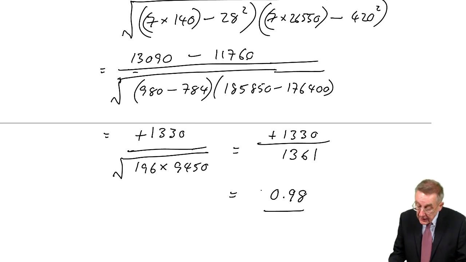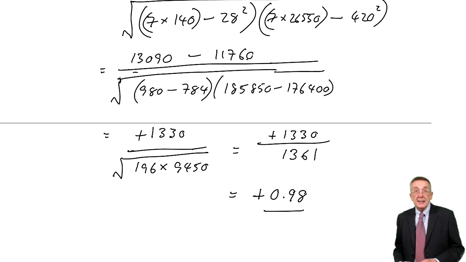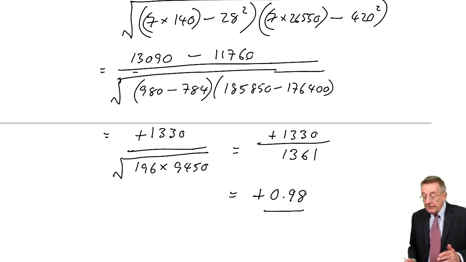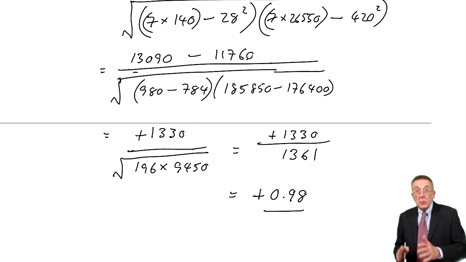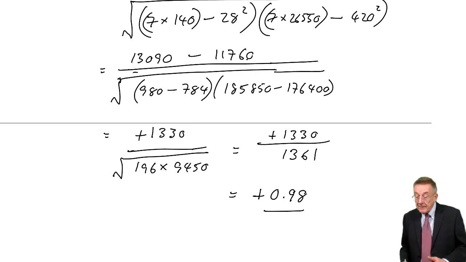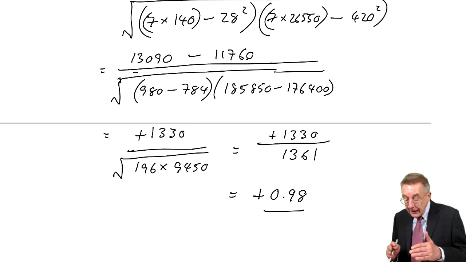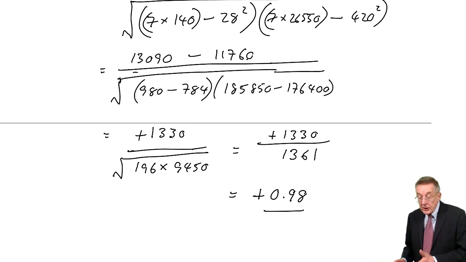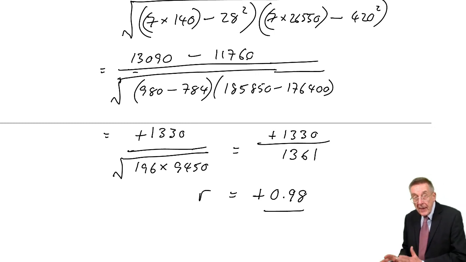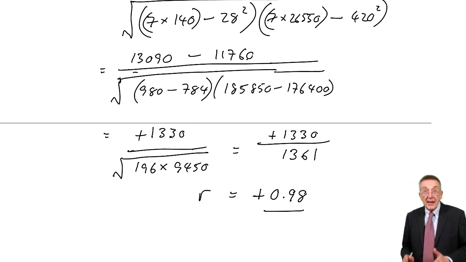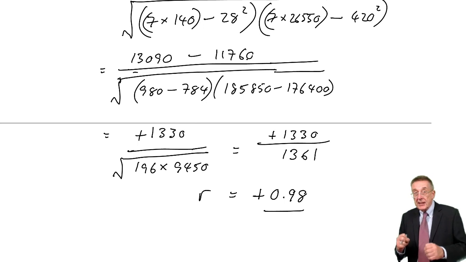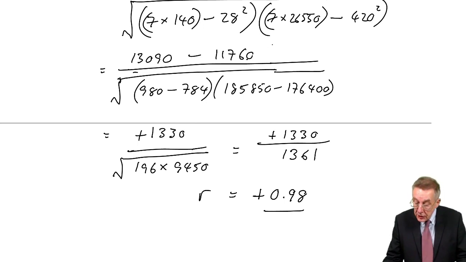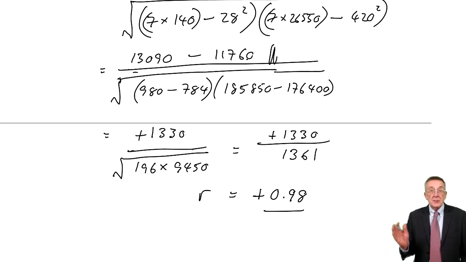Our answer therefore is plus 0.98. Now, I'll explain the significance shortly, but you can end up with a negative number on the top. The top could have been minus 1330. The coefficient of correlation R would have been minus 0.98, and it does matter, but I'll explain the significance in a second. But it's the top bit of the equation, the numerator, that determines whether it's positive or negative.